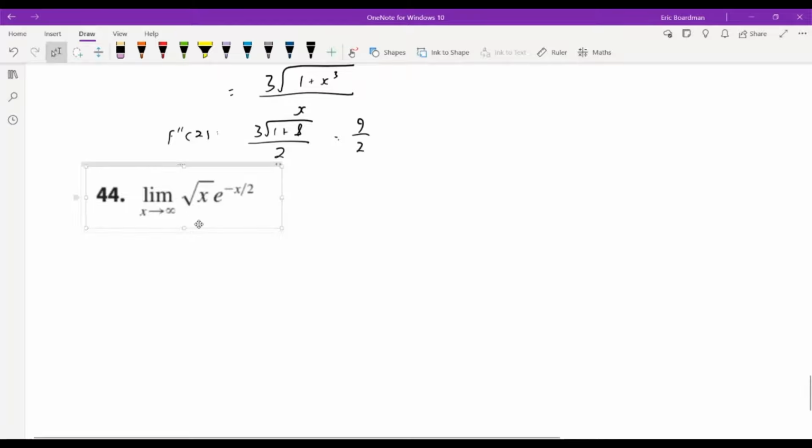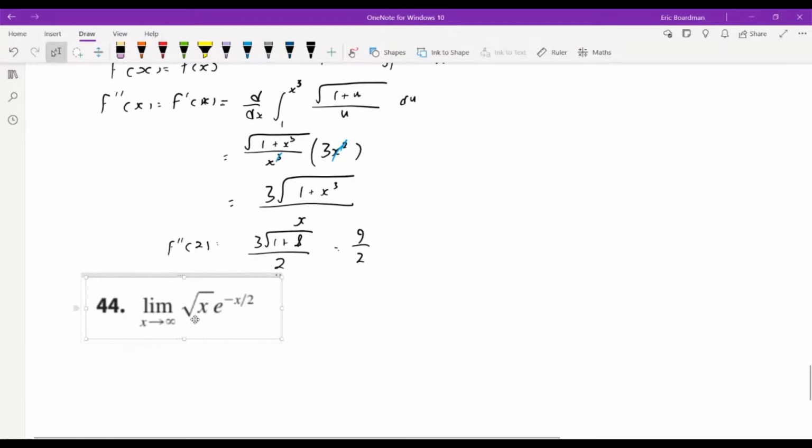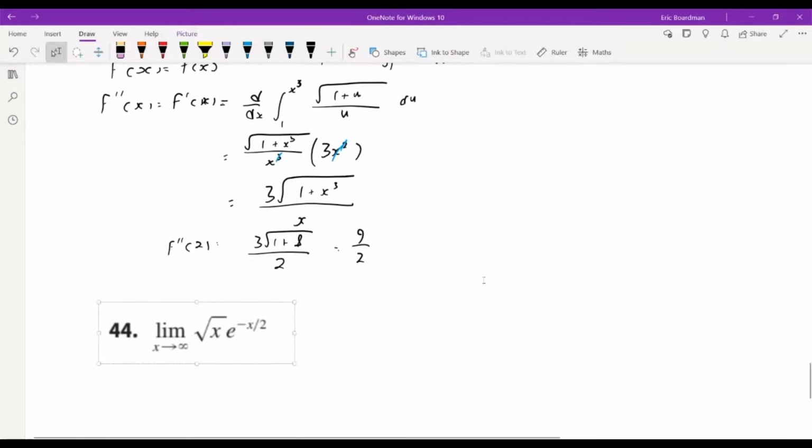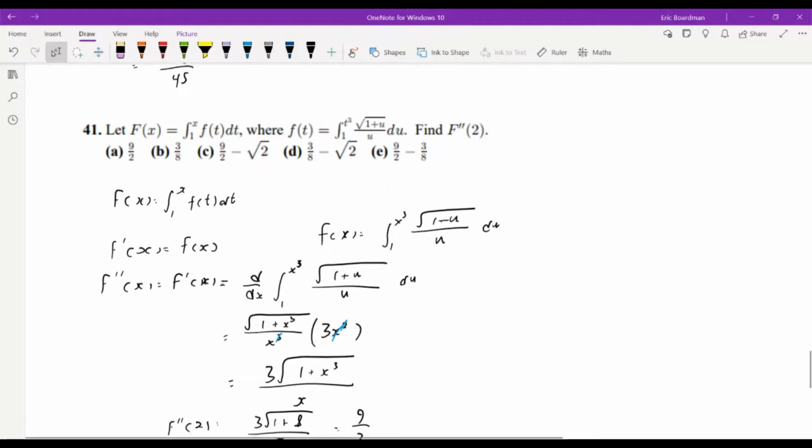So we have the limit. Someone said, could you go over the last question quickly, please? So I'm assuming you're referring to the question we just did. Basically we were given that big F of x equals the integral from 1 to x of f of t with respect to t.